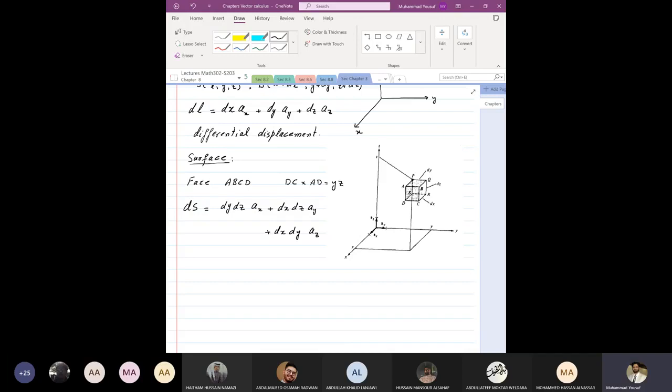It is given by this one. A sub x is a unit normal to the YZ plane. A sub y is a unit normal to the XZ plane. A sub z is a unit normal to the XY plane. These are the three planes.